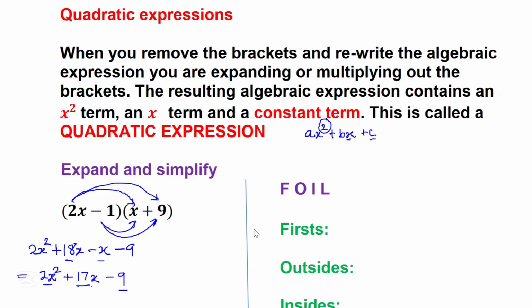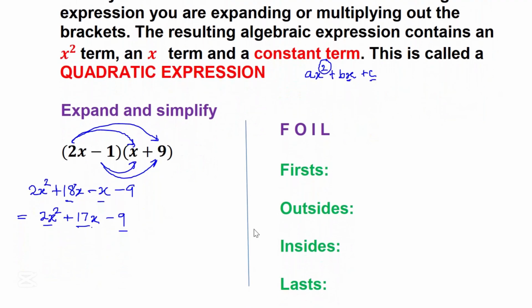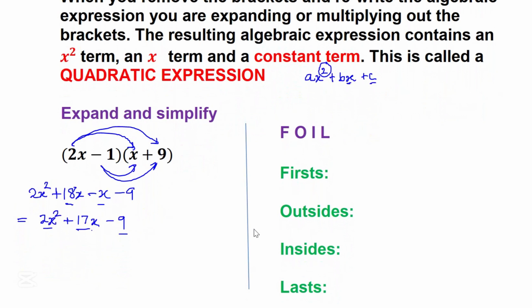Now, there is another method of expanding this expression, and that method is known as FOIL, where F stands for first, O stands for outside, I stands for inside, and L stands for last. Now, first means multiplying the first term of each bracket.